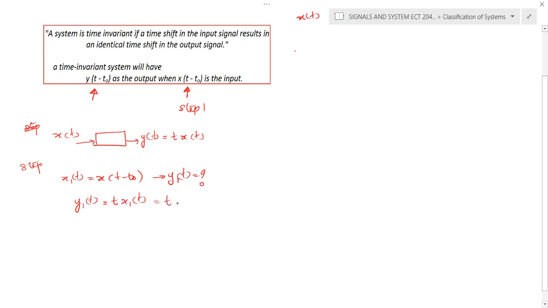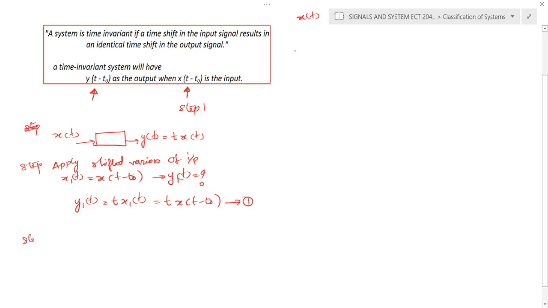So you will get t into x of t minus t0, and this is equation number 1. So in the first step we apply a shifted version of the input signal, x of t minus t0, which we call x1 of t, and we got the corresponding output, which we indicate as y1 of t.